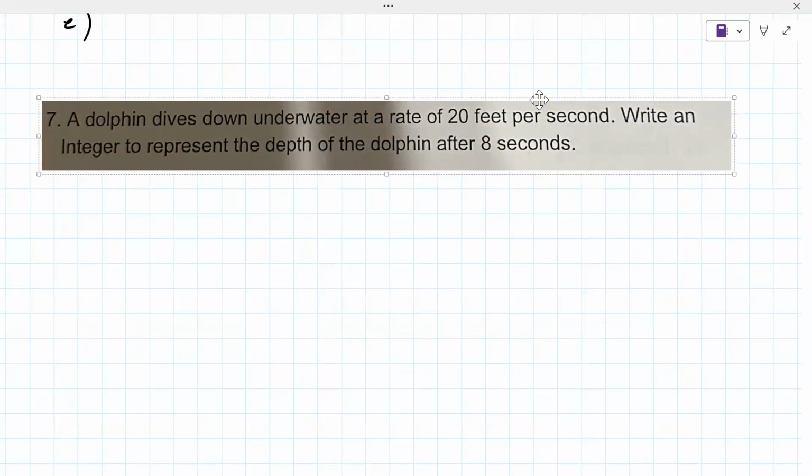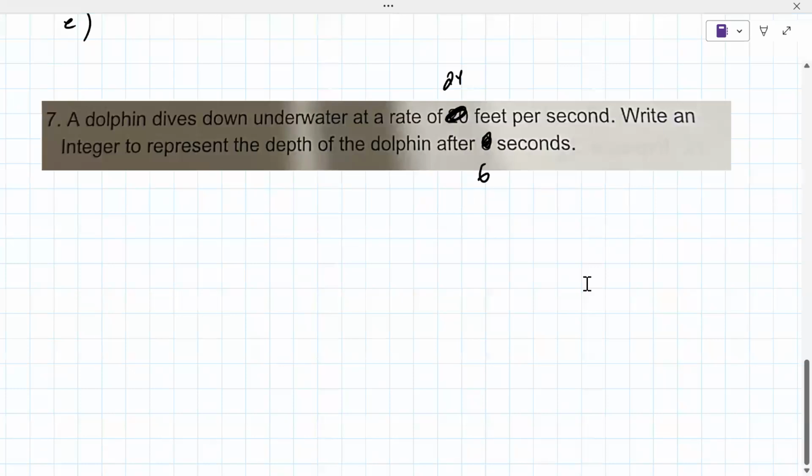So let's say a dolphin dives at a rate of 24 feet for 6 seconds. Could you figure out the depth for us, please, including units? Negative 204 feet.